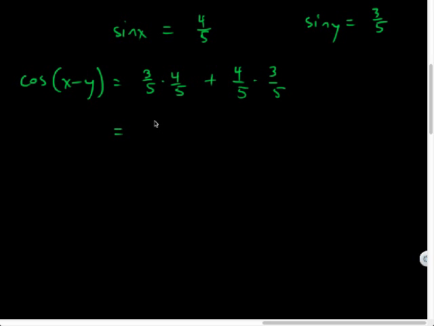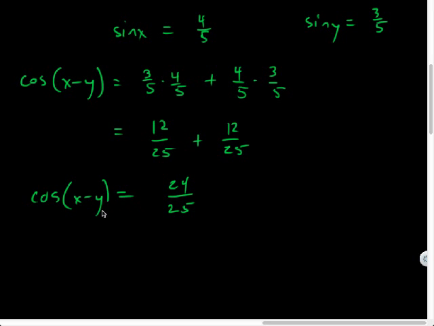Right? So equals 12/25 plus 12/25 equals 24/25 is cos x minus y. That would do it.